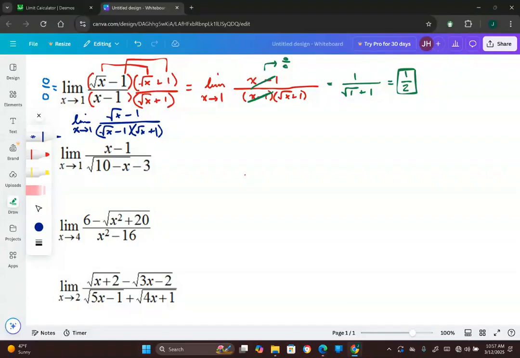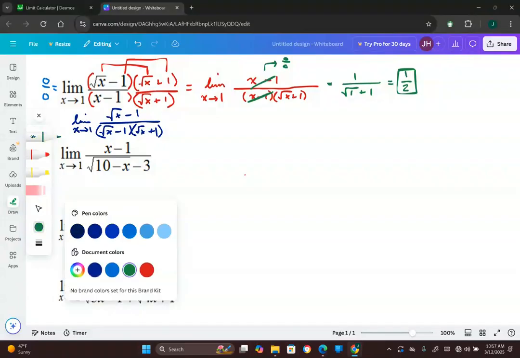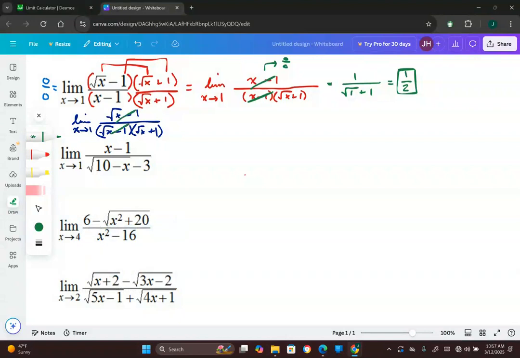And look at this. I can cancel out again radical x minus 1s, and that is the 0 over 0. So now I'm left with 1 on the top. I can plug the number into the bottom, and look at that. That also gives me 1/2. So this method of rationalization works on this problem, but factoring and canceling also works on this problem.